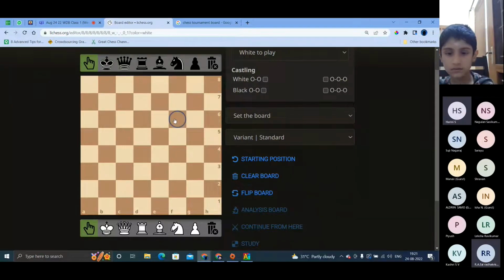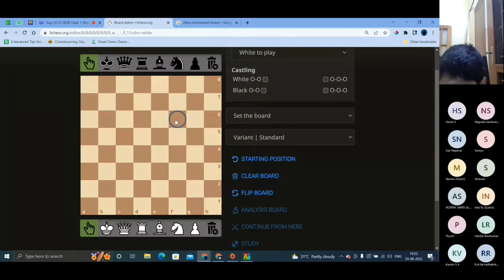So now, Sai, can you answer this? So which square is this? So first, drag down and find the letter. Which letter is this? And then now come to the number. What is the number here? 6. So how do you call this square? F6. Tell F6.